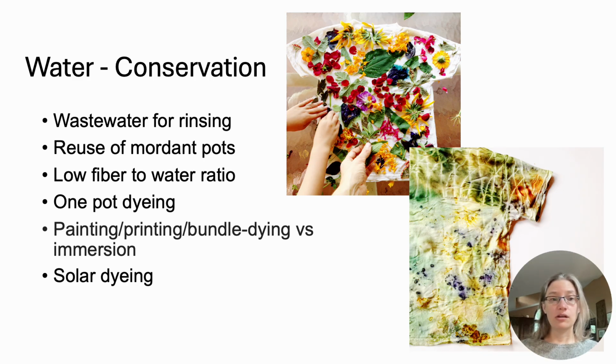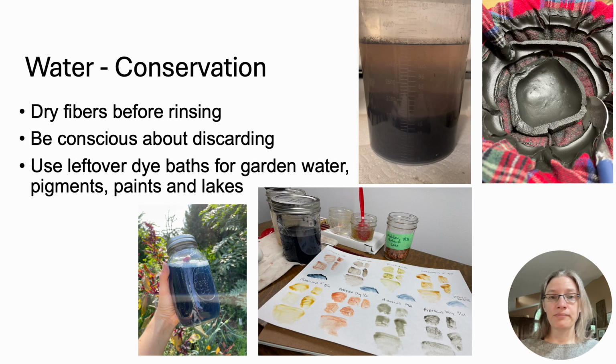We can reuse those mordant pots like I talked about. We can do one pot dyeing. We put the mordant, the flowers, the fiber all in one pot together. Or printing or painting can be a much more water-friendly way to get our colors on than just immersion dyeing, where we put the fiber into the water bath.